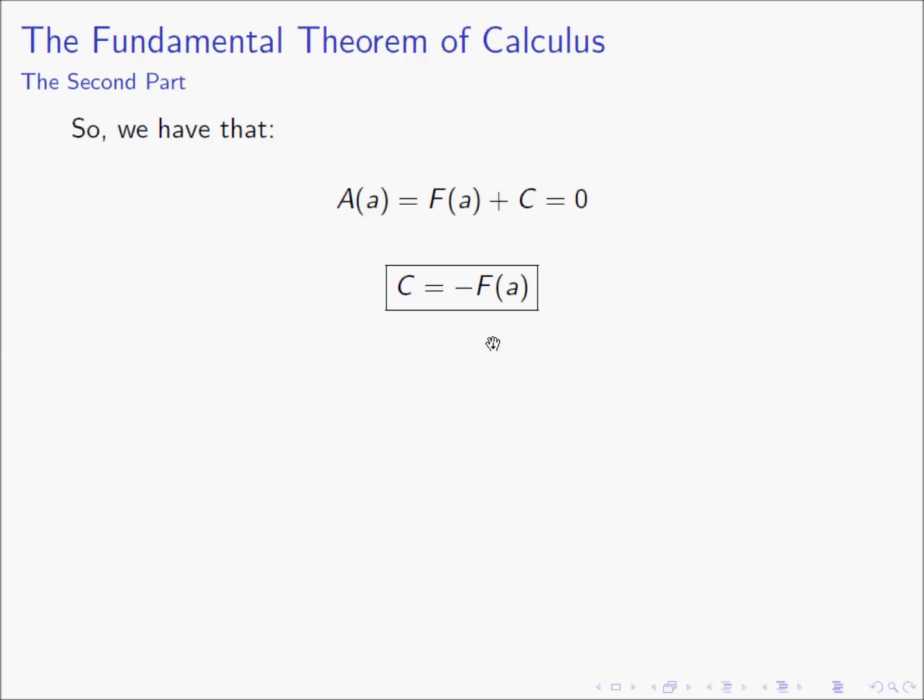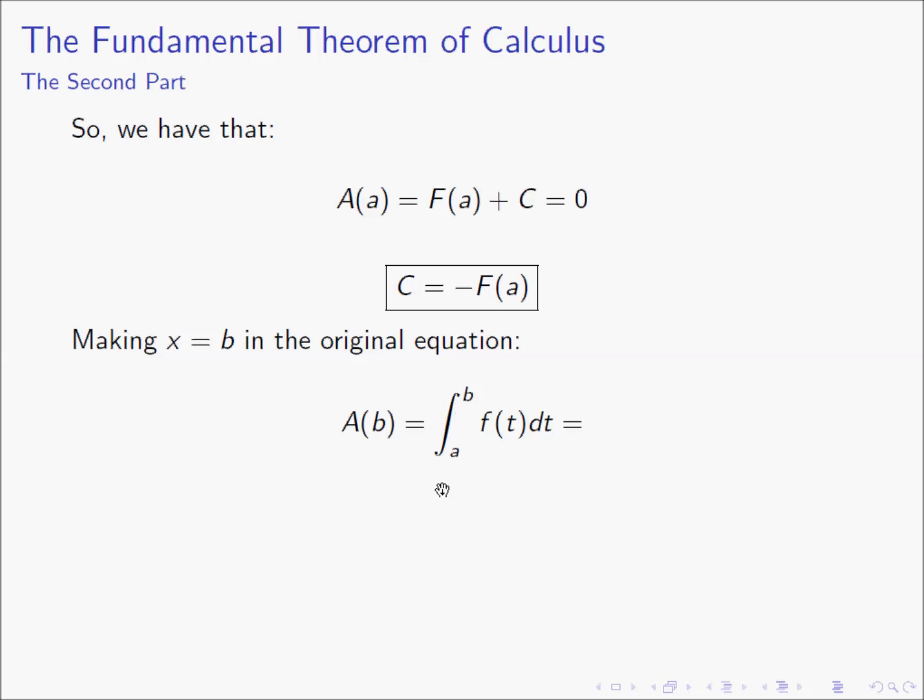So here we have an expression for the constant c. Now let's make x equal b in the original equation, and we get that A of b equals the integral from a to b of f of t dt. That equals F of b plus c. That's just the original expression that we got.